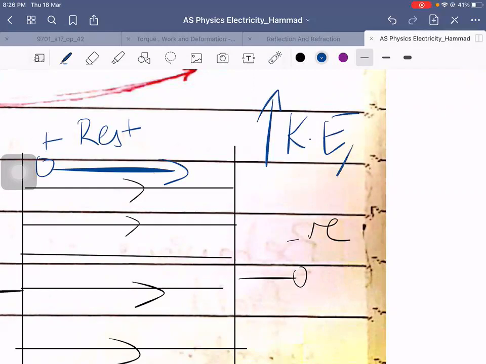Now, please understand that when it is moving along with the field lines, the electric potential energy decreases. That is, the work done by the field decreases.